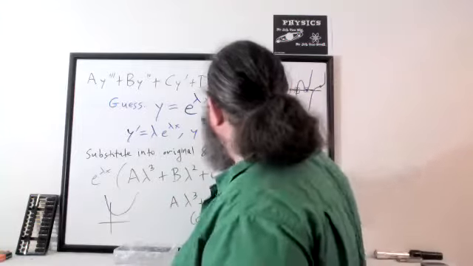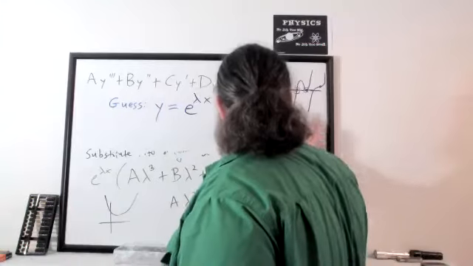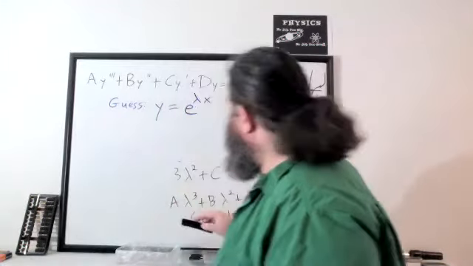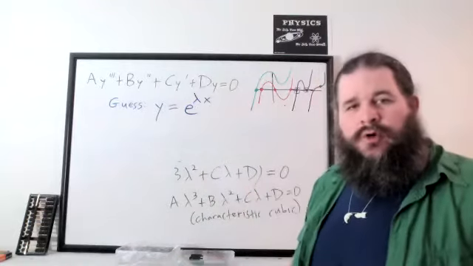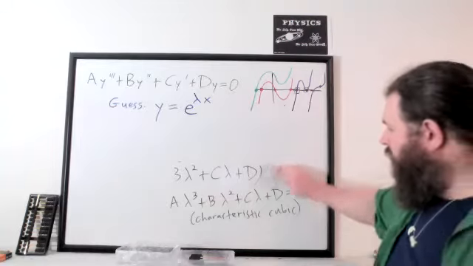So let's take a look at what the results would actually look like in each of those cases. Because we've established that e to the lambda x should work as long as lambda makes this cubic equal to 0.